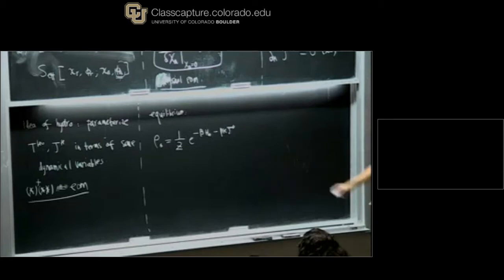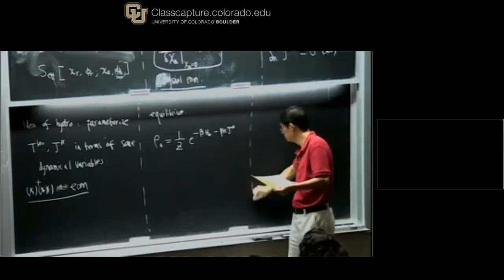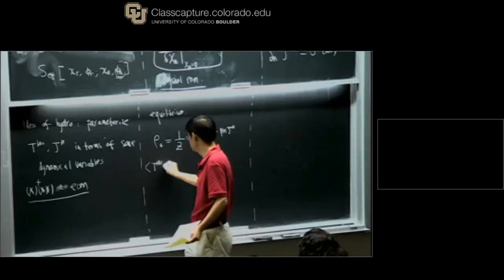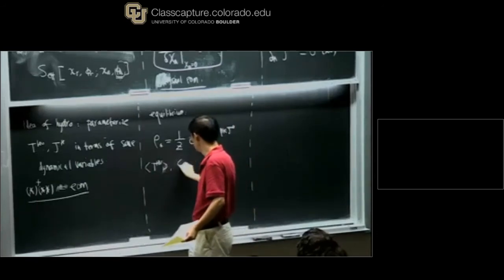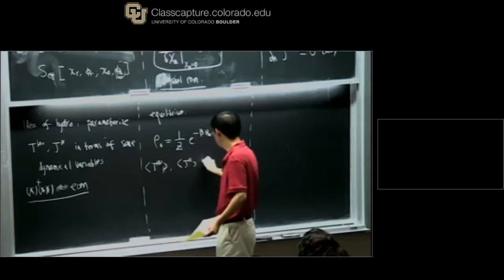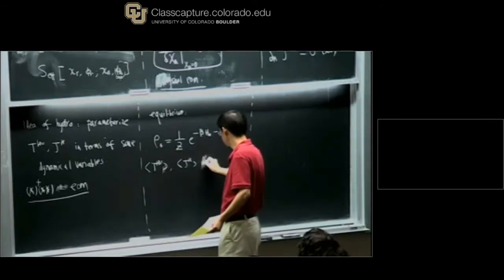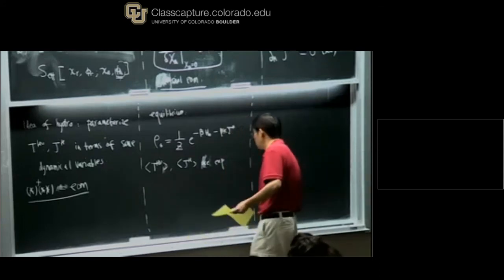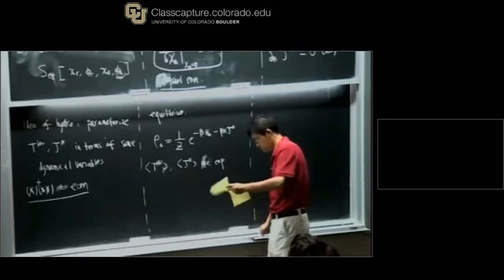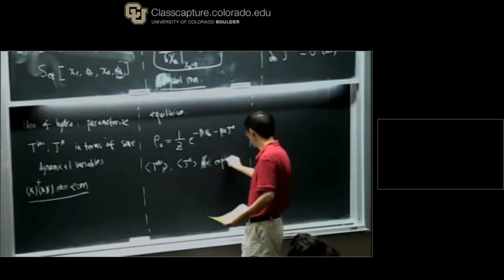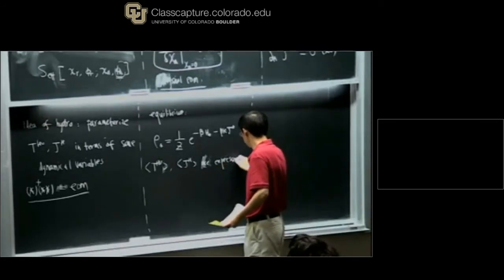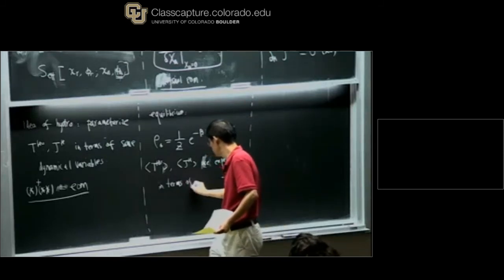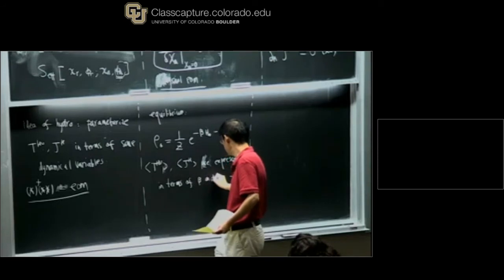In this case, you can express T^{μν} and J^μ in terms of beta and mu.